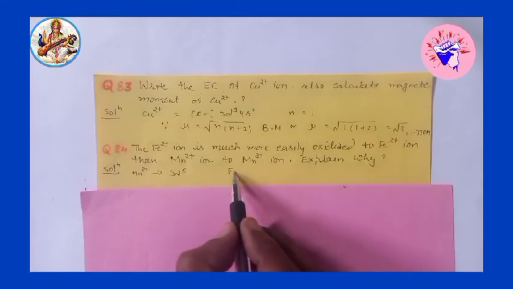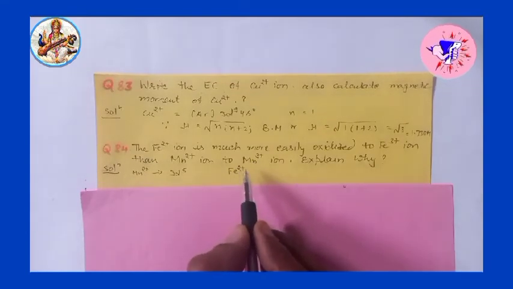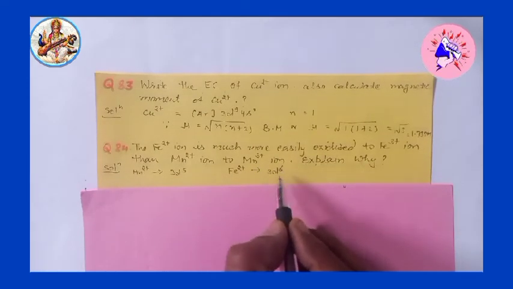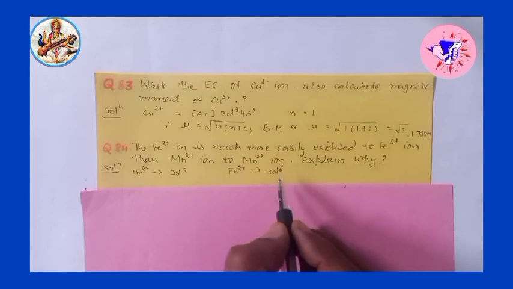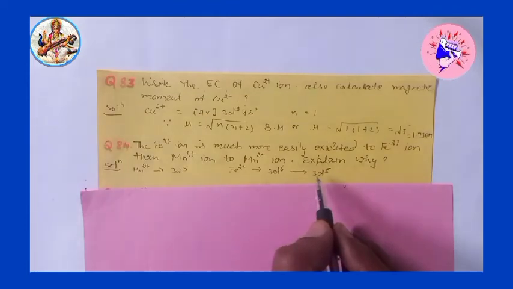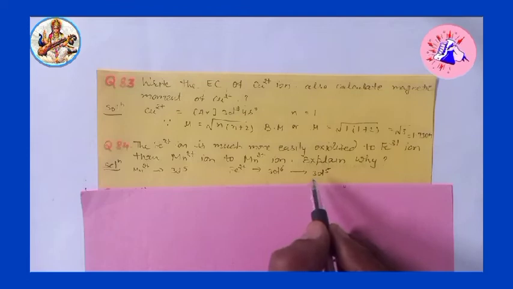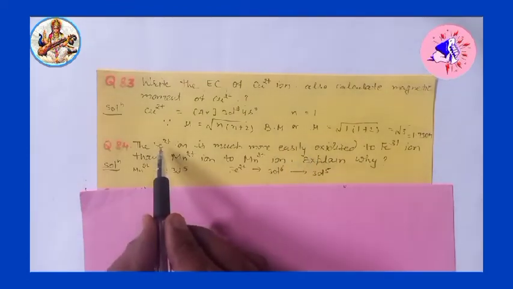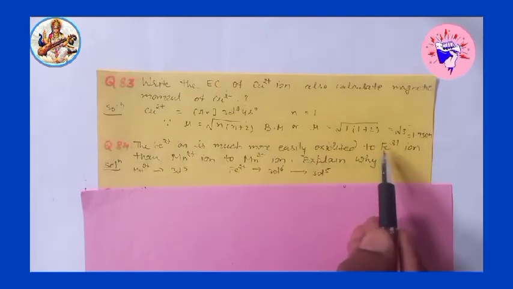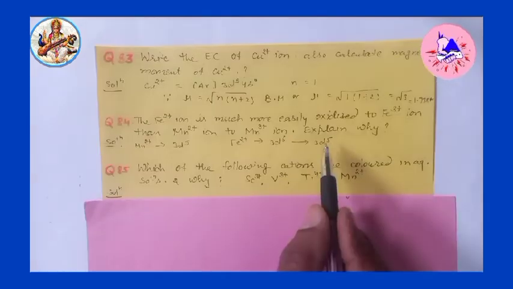In case of Fe2+ ion, the electronic configuration is 3d6, so it can lose one electron easily to give the stable configuration d5. That is why Fe2+ ion is easily oxidized to ferric ion Fe3+.